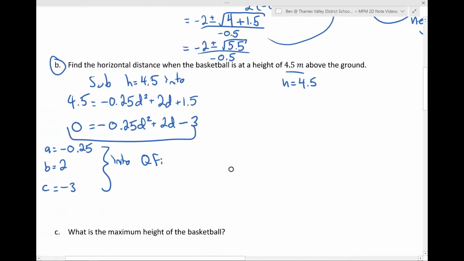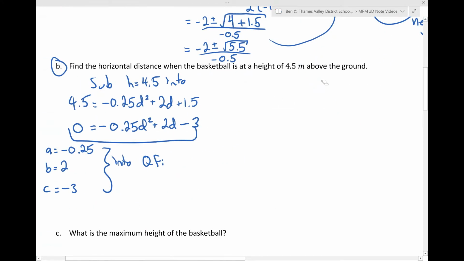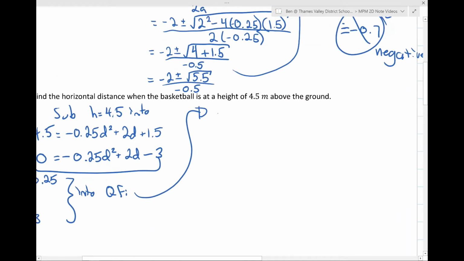Our quadratic formula, again, I'm hoping we're getting a little bit more comfortable using this. So here we're looking for d. d equals negative b plus or minus the square root of b squared minus 4ac, all divided by 2a. Awesome. So negative b gives us negative 2.